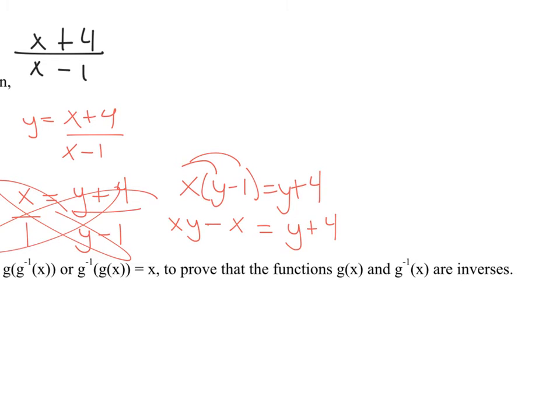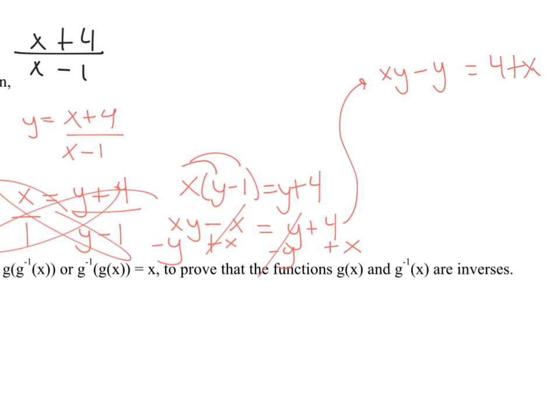Now here's the deal. You got two y's. My suggestion is to bring those y's on the same sides. This would be minus y and minus y. Now at this point what you have is xy minus y equals 4 plus x. And you should say to yourself, well, how can I get these two y's here to be 1?